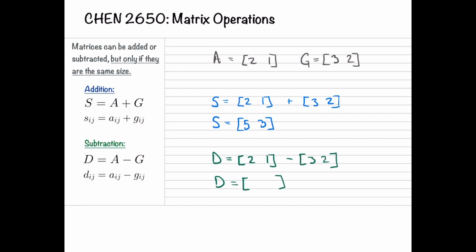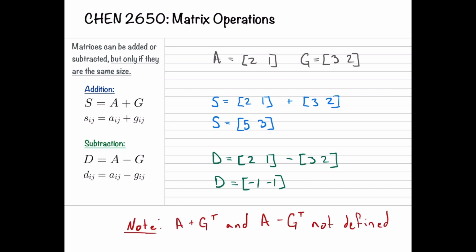Then for the next example, in terms of subtraction, we'll start with the same two vectors A and G. This new matrix D, which is going to store the values of the difference, will have values 2 minus 3, which is -1, as well as 1 minus 2, which is also -1. And we can see here that we have, again, produced a matrix of the same size.